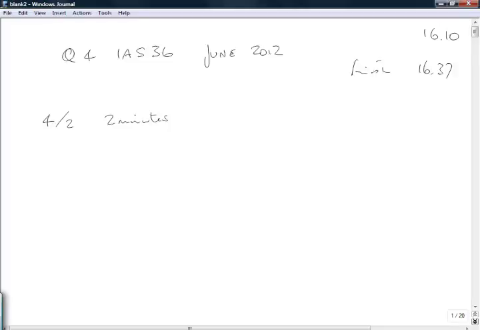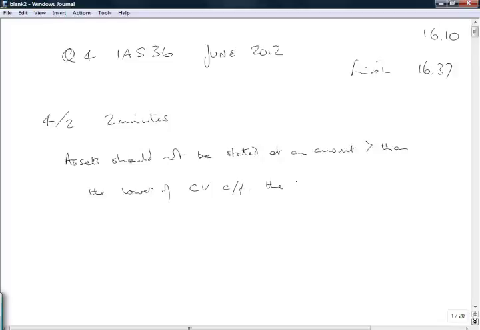An impairment review. This is only planning. Assets should not be stated at an amount greater than the lower of carrying value compared with recoverable amount.